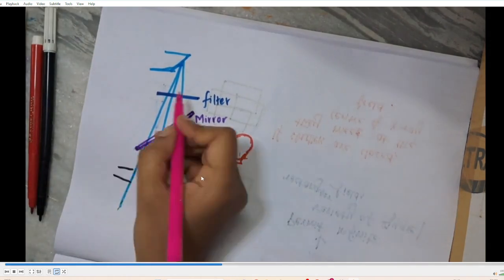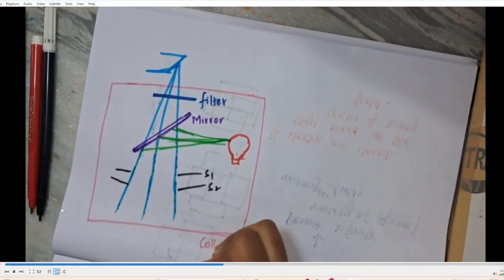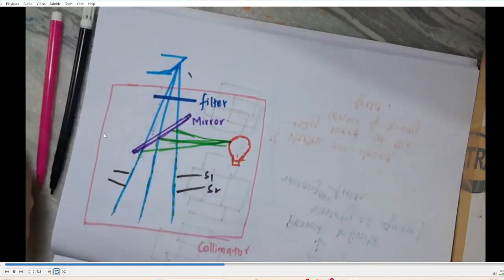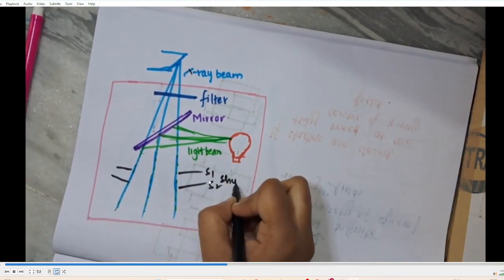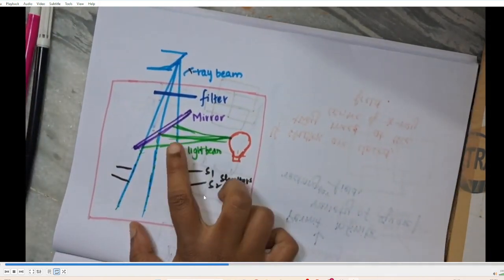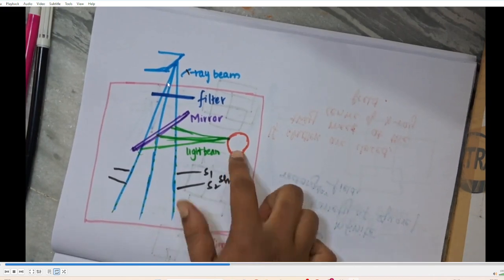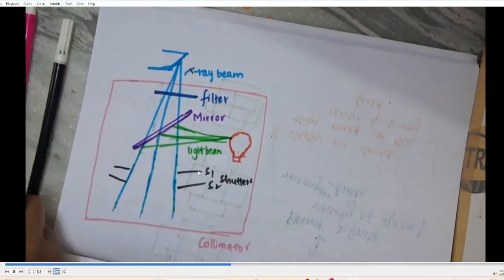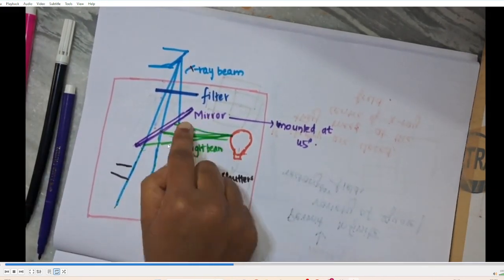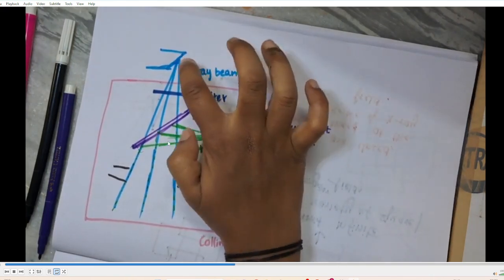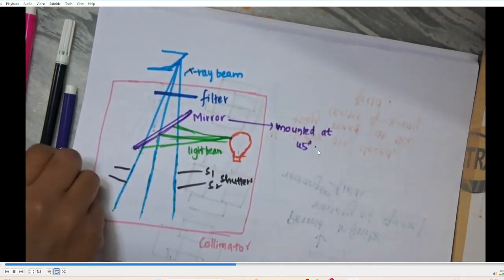This is the shutter mechanism, that is the collimator. All of them are aligned inside the collimator. This is the X-ray beam, this is the light beam, these are the shutters. The X-ray field is illuminated by the light bulb in the collimator. The light beam is deflected by the mirror which is mounted at 45 degrees.